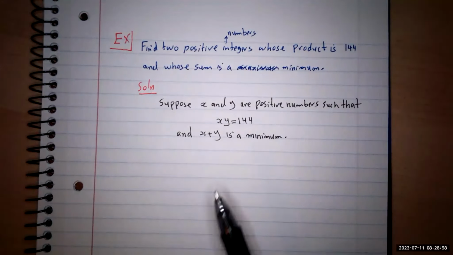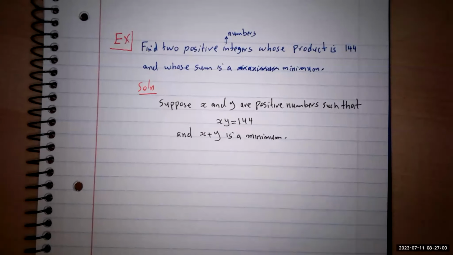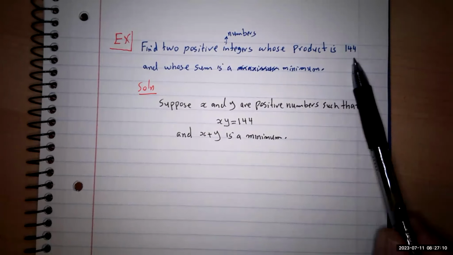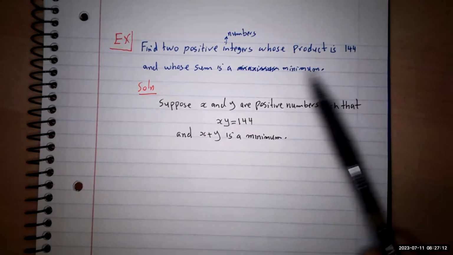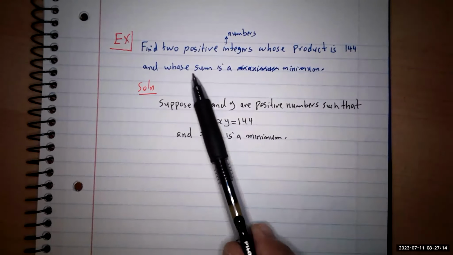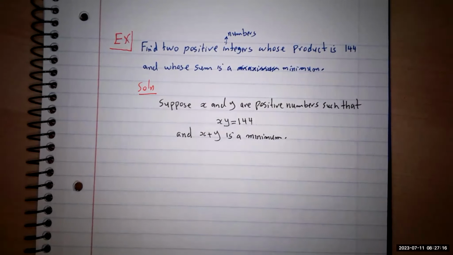In your book, you have two different types of this. One of them is exactly the same, X plus Y is the minimum. The other one asks for two positive numbers whose product is given to you and whose sum of the first and twice of the second is a minimum.